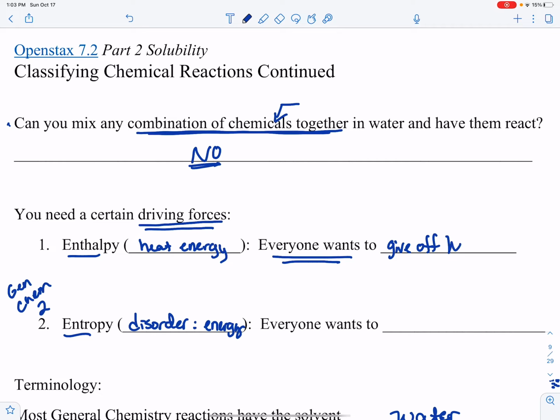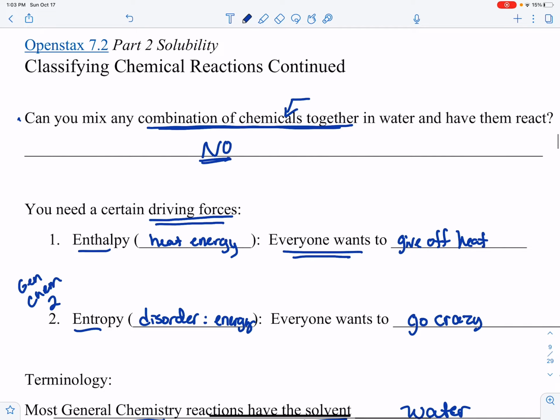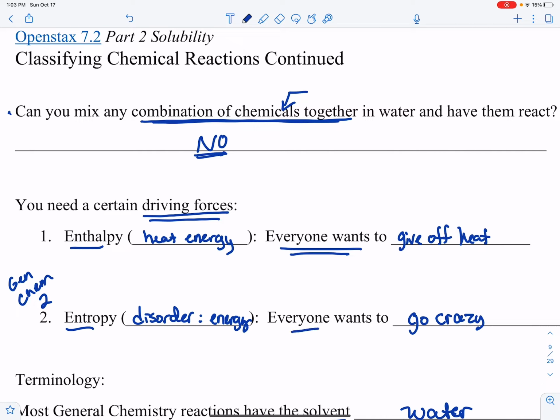That's kind of the state of what things want to do. And for entropy, everyone wants to go crazy. They don't want to be constrained, basically. They don't want to be stuck in a little solid, just jittering around. They want to be free to be gases and move around. So a lot of entropy is about becoming a gas. There's more to it than that. So those are the driving forces. That's going to come back in Gen Chem 2.